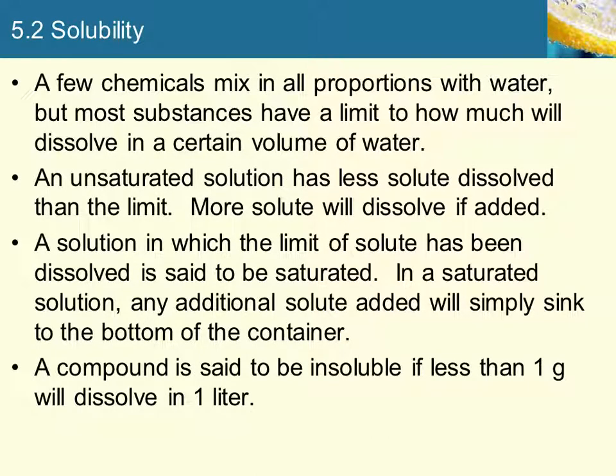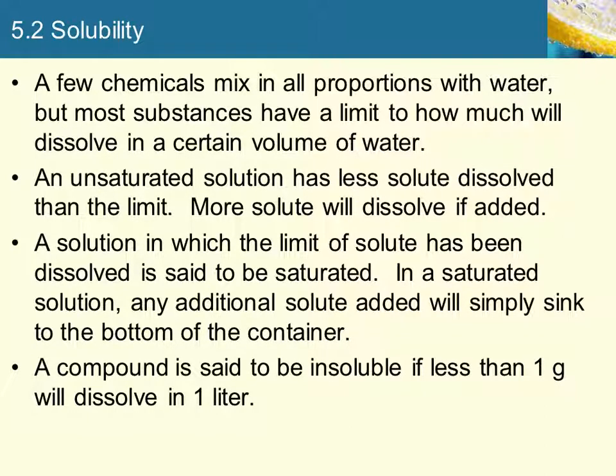When we talk about solubility, we're talking about the amount of solute per solvent at a given temperature. There's going to be a limit as to how much solute you can mix with the solvent. There are three types of solutions. An unsaturated solution has less solute dissolved than what it can actually hold for its given amount of solvent.